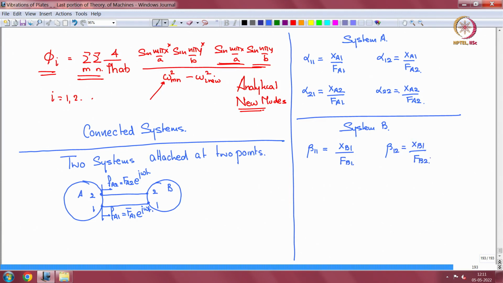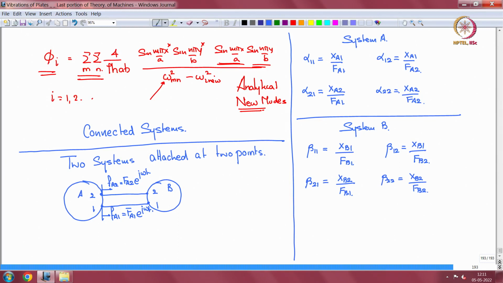Then beta 21 is equal to XB2 by FB1, and beta 22 is XB2 by FB2. These are the individual system receptances.